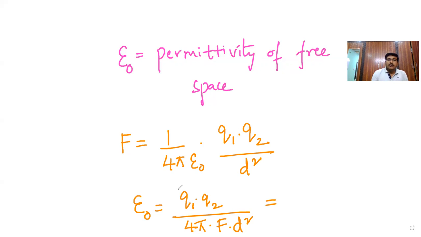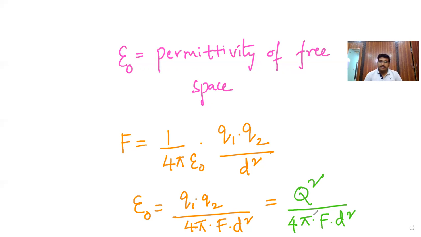That means Q1 is one charge, Q2 is another charge. If I simplify further, replace by the charge symbol Q, Q square by 4 pi into F into D square. Clear? Observe carefully. This is the formula for the permittivity of the free space.